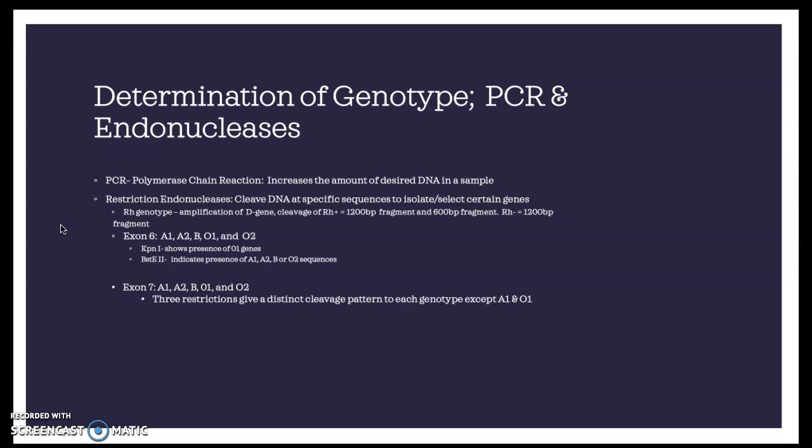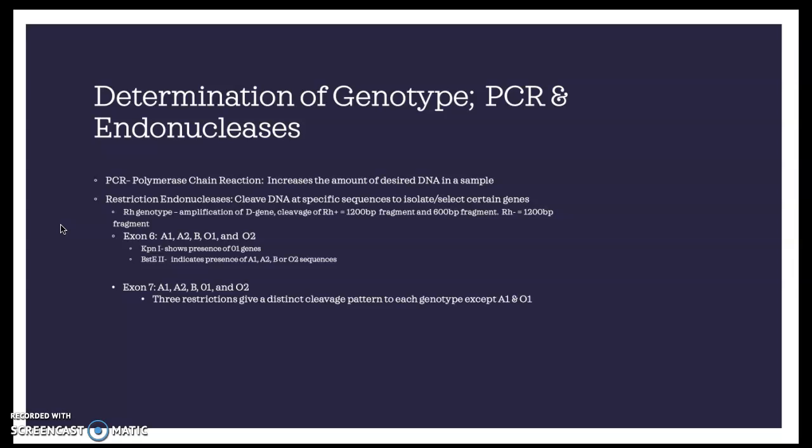And then if we move on to exon 6, which is on chromosome 9, it contains the palindromic sequences for A1 blood type, A2 blood type, B, O1, and O2 genes. So the cleavage of this exon with KpnI endonuclease shows whether or not you have the O1 genotype. If O1 genes are present and you cleave exon 6 with KpnI, you will show an additional banding.